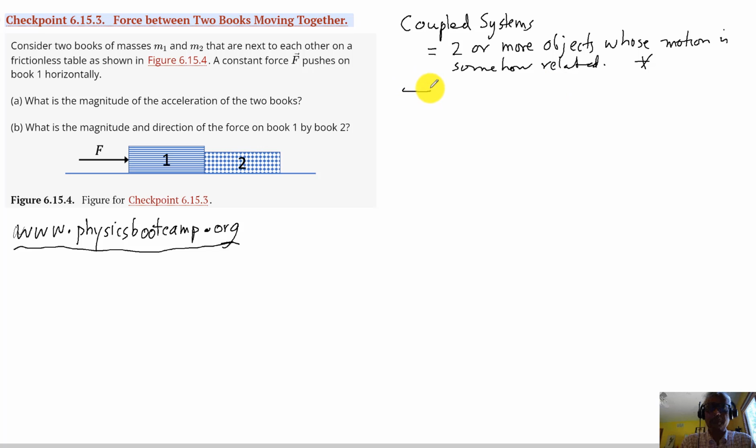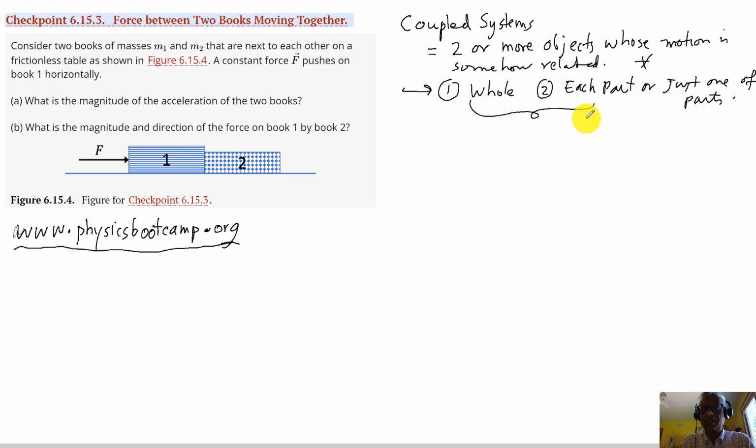So you'll have two kinds of analysis, the whole and each part. Then these two together, you have to think together. Think broadly and more comprehensively.